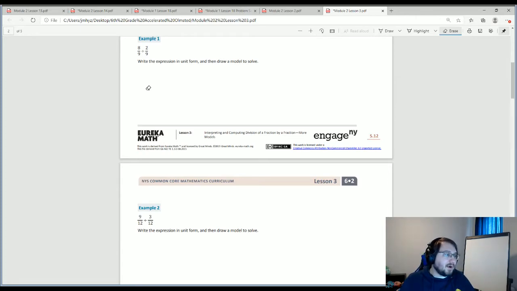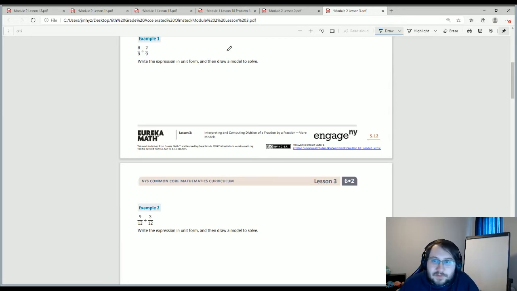What Example 1 is asking us to do is take 8/9 and divide it by 2/9. Well, here's some good news for this one. Both of these are 9ths, so it's actually going to make this a lot easier for us. First thing, it wants us to write the expression in unit form.